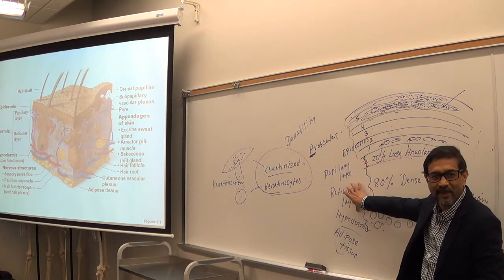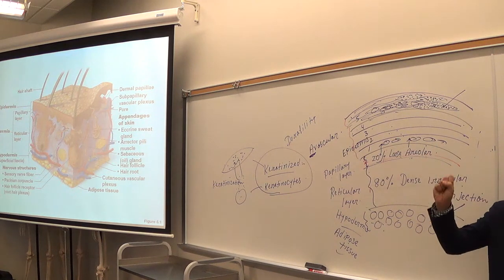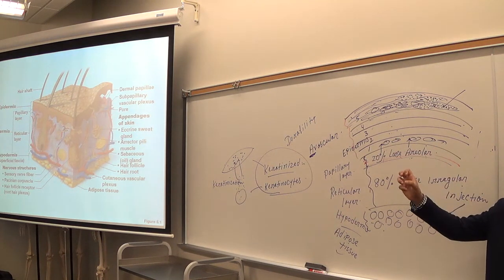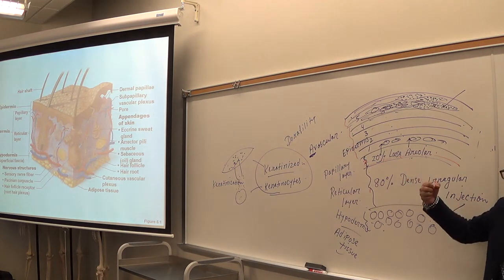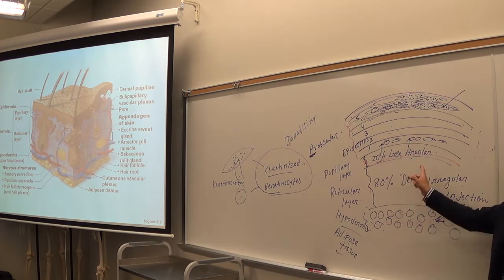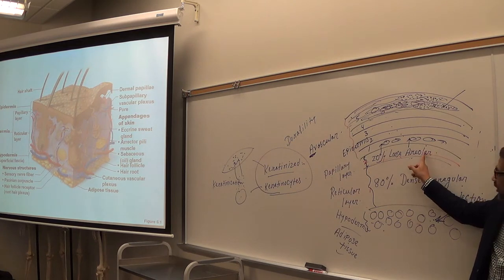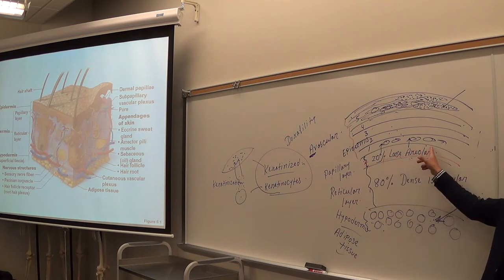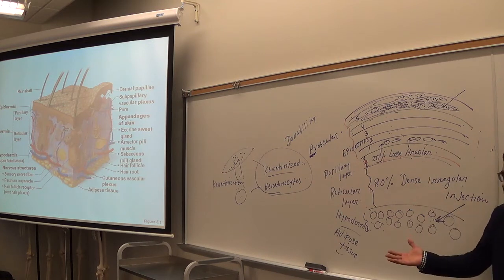Is it clear? Now you tell me which layer is soft and which layer is very hard. This layer is what? Hard, right? Dense, heavily packed fibers, right? Hard. And this is loose, soft. So lesion occurs in this layer of the dermis. Inflammation occurs in the papillary layer. Now you understand why, right?